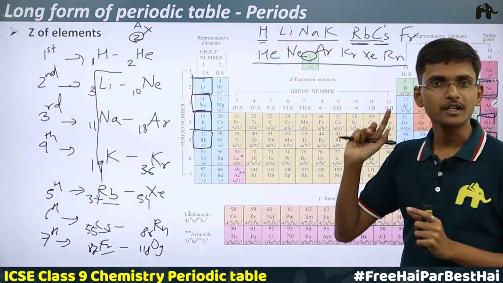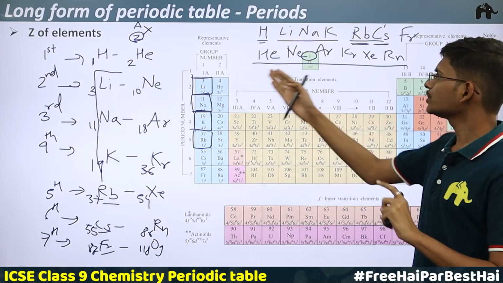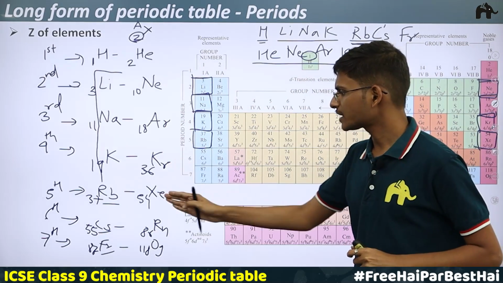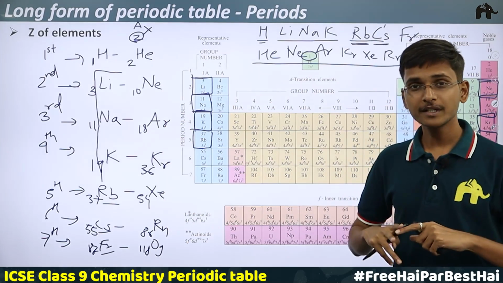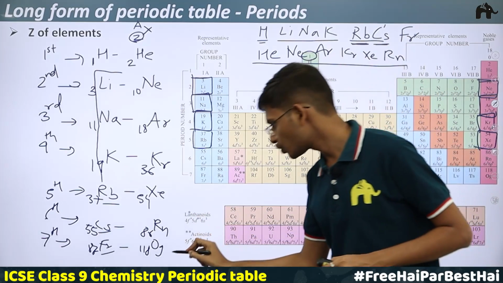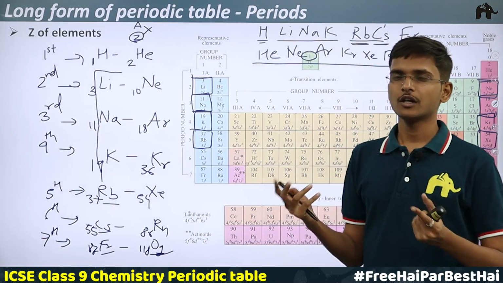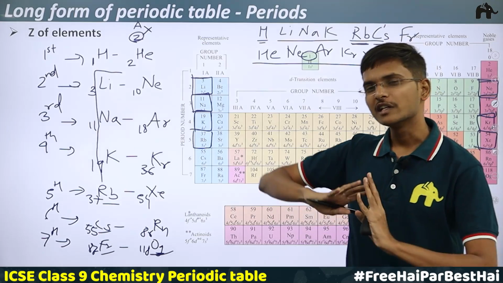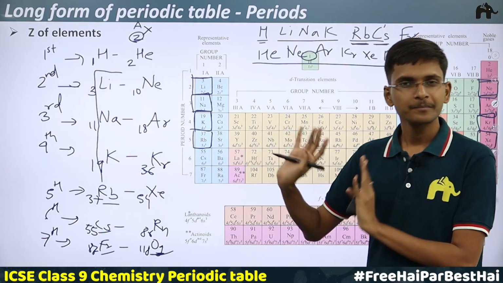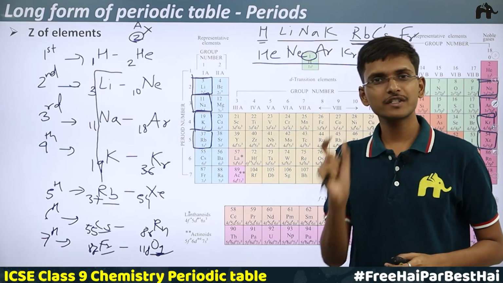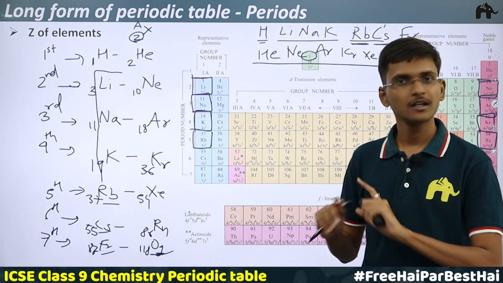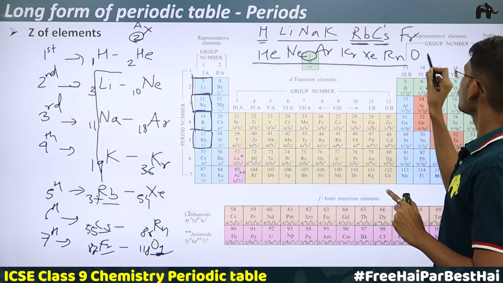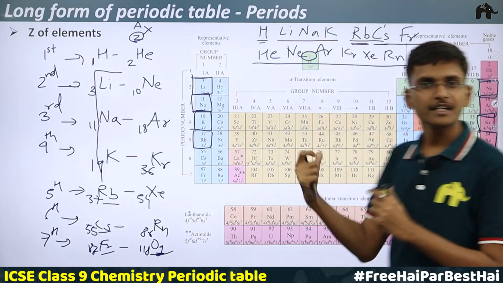Helium, neon, argon, krypton, xenon, radon, and the last element of the last period is this OG, oganesson. You can remember this because it's the latest element, the most recently discovered element. Fine. So you have remembered all the starting and ending elements.